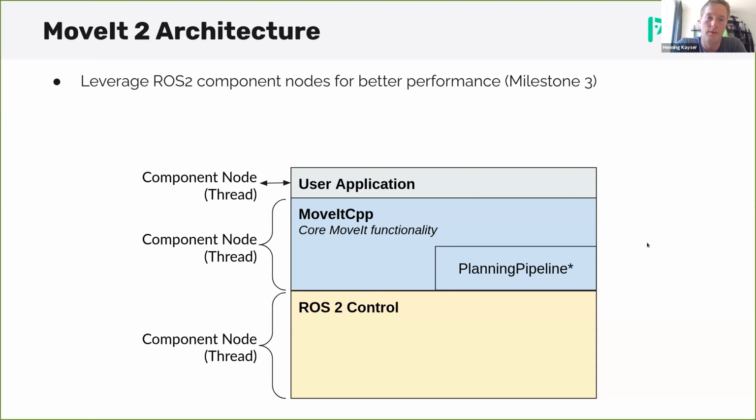So you will have a direct feedback from MoveIt CPP and ROS2 control. And also, if you have a vision pipeline running somewhere, those should also be possible to apply as a component node, so you can eliminate any delays between those components.